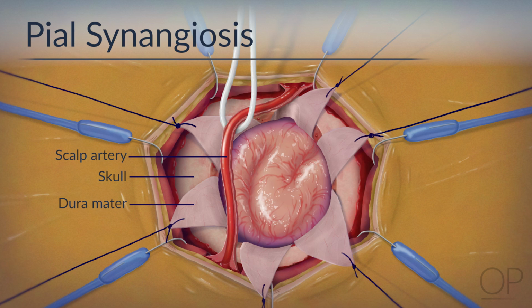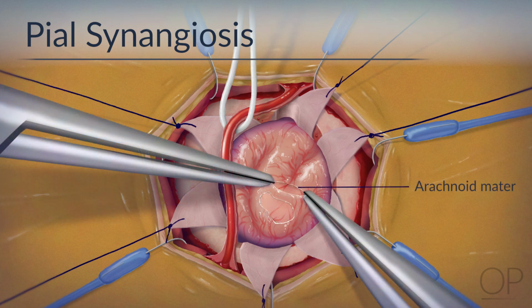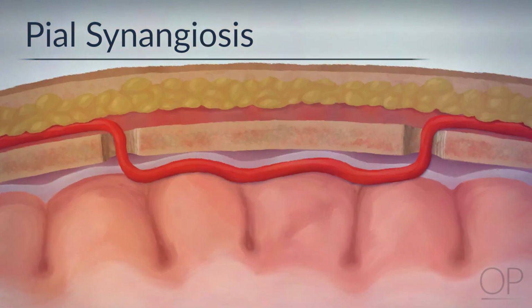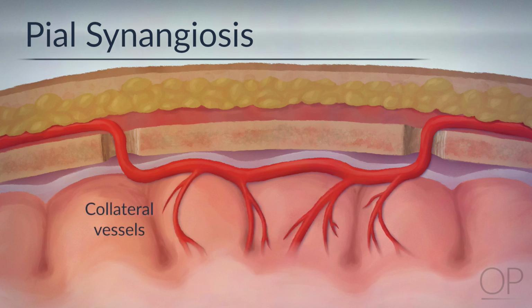This stellate technique increases the surface area of dura exposed to pia to encourage collateral formation between the dura and pia. Next, the arachnoid is opened widely under a microscope. Finally, the scalp artery is then sutured directly to the pial surface. Over weeks to months, collaterals will develop from the pia to supply the ischemic cerebrum.